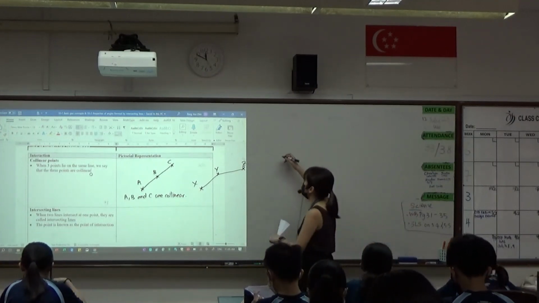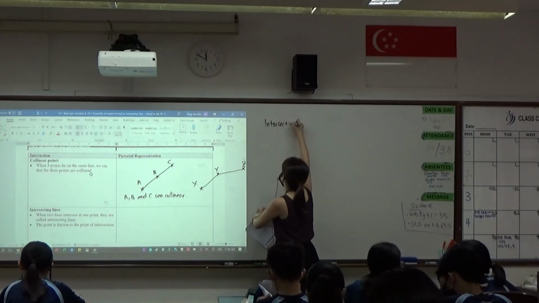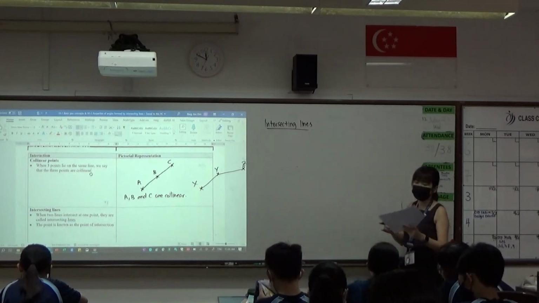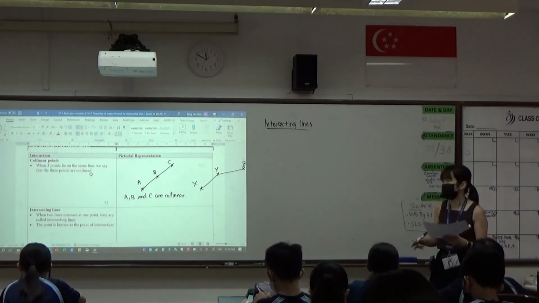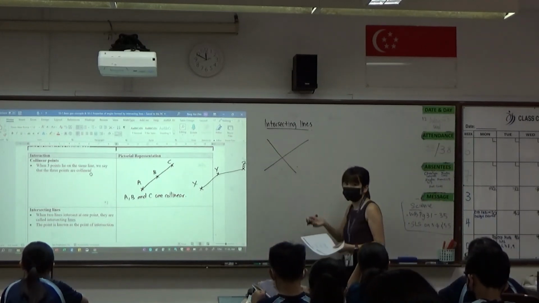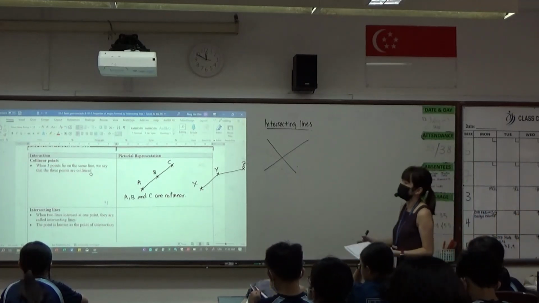Next, about intersecting lines. Intersecting lines are when 2 lines intersect at a point. So we're looking at a cross like that. It need not always be this way. It can be of any kind of orientation.